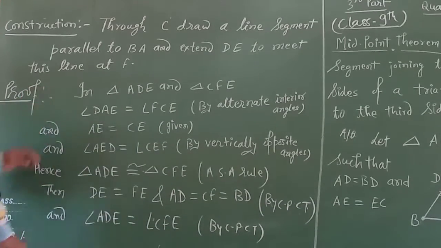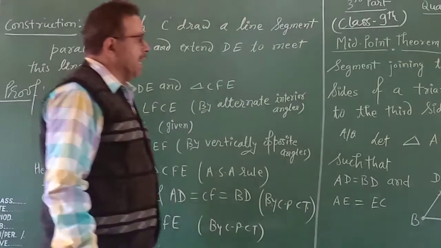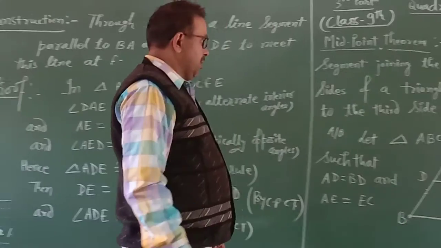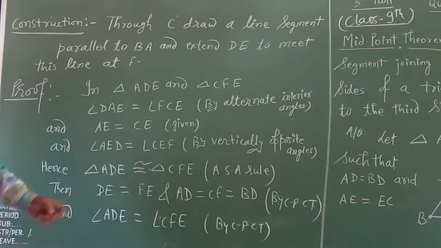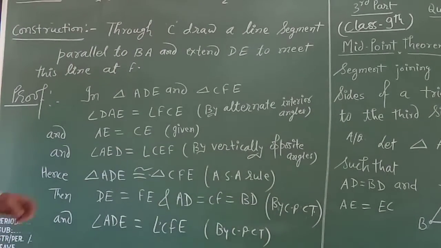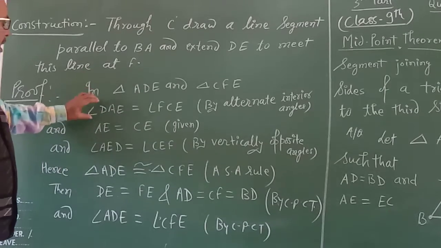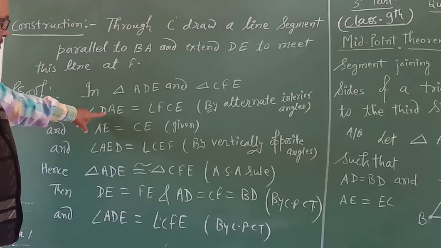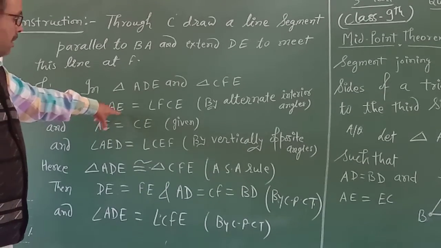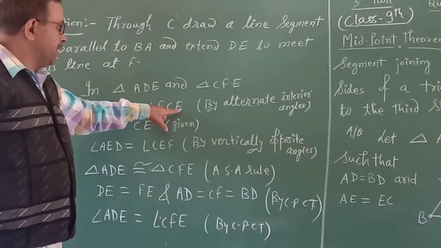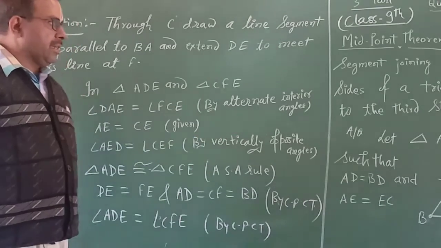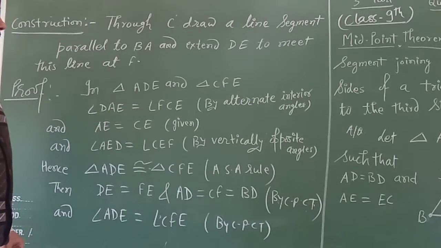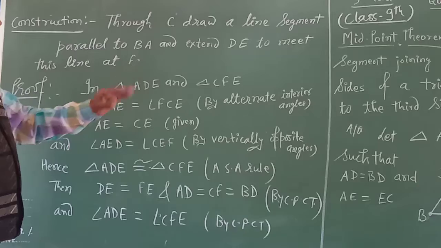Hence, in the proof, now we need to prove triangle ADE congruent to triangle CFE. In this triangle, we have angle DAE equal to angle FCE by alternate interior angles, since by construction BA is parallel to CF.